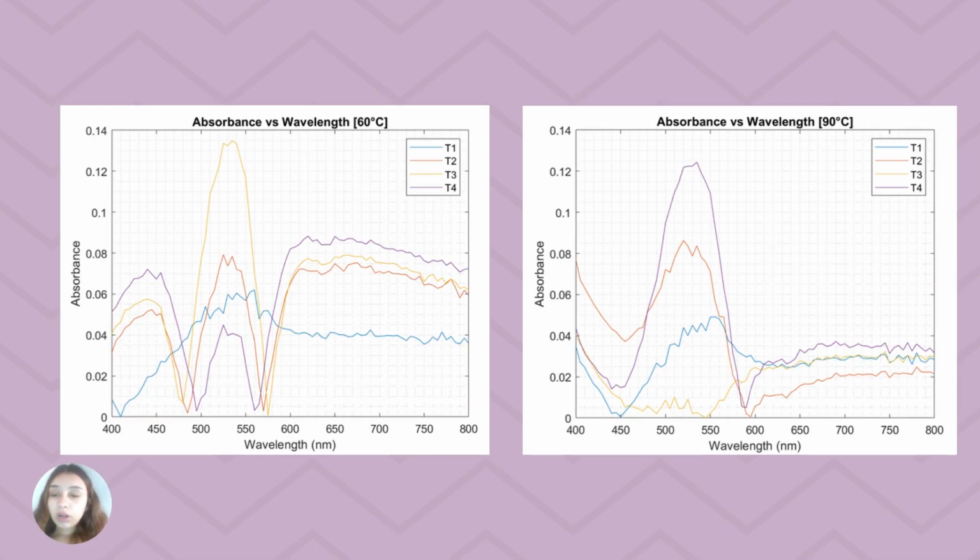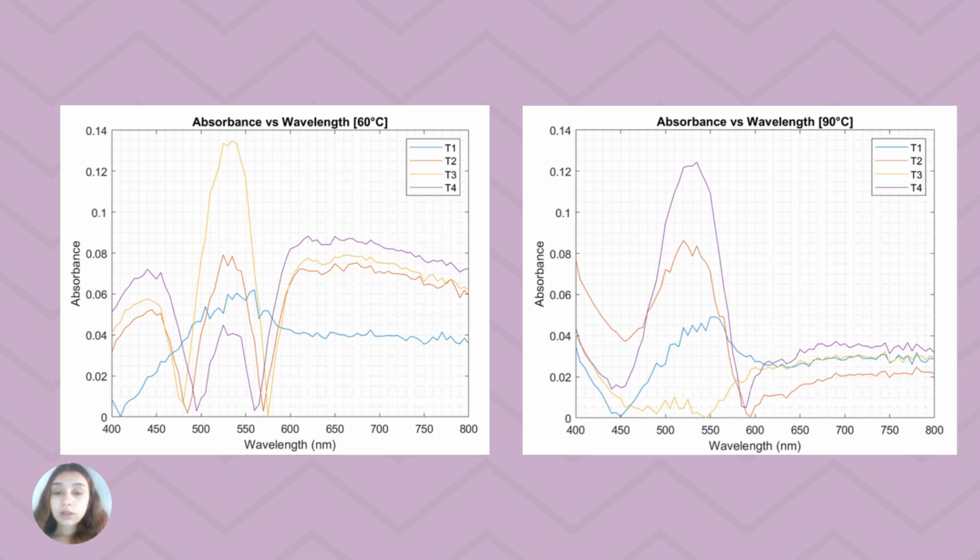Here we can see the graph of absorbance versus wavelength for the temperatures of 60 degrees Celsius and 90 degrees Celsius. For 60 degrees Celsius, we can see that for the times of 1 minute, 2 minutes, and 3 minutes, the maximum absorbance was between 500 and 550 wavelength, and for the time of 4 minutes was between 600 and 650 wavelength.